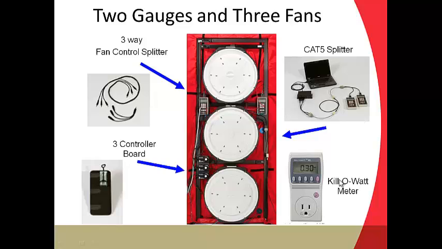And the way we test fan circuits is using a kilowatt meter. Many of you may be familiar with this, or some kind of a watt meter that'll read out in voltage. So we're looking at the voltage. We're going to plug in our first fan and run an extension cord for our second fan, and we'll plug the kilowatt meter into that second extension cord, and we'll be reading the voltage, and it's usually going to be around 120 volts.